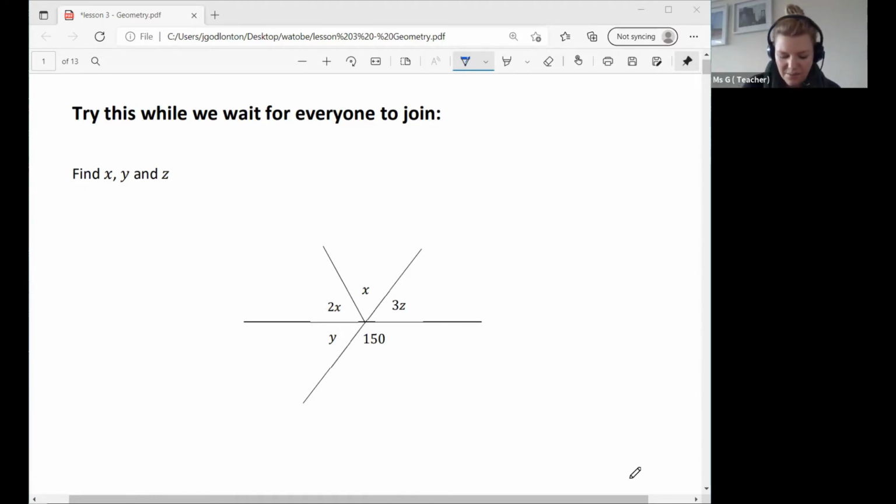Once everyone's had a good go, we'll start going through it. I'm wanting the values for X, Y, and Z. Remember to always give your reasons, even when we're practicing in these classes together, because if we don't give our reasons when we practice, we're going to forget when we are tested.